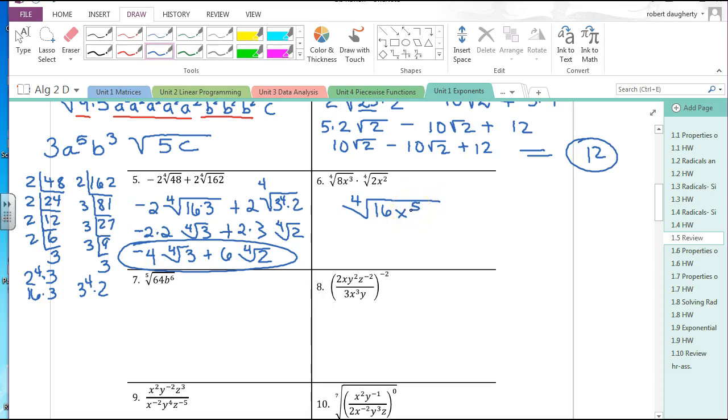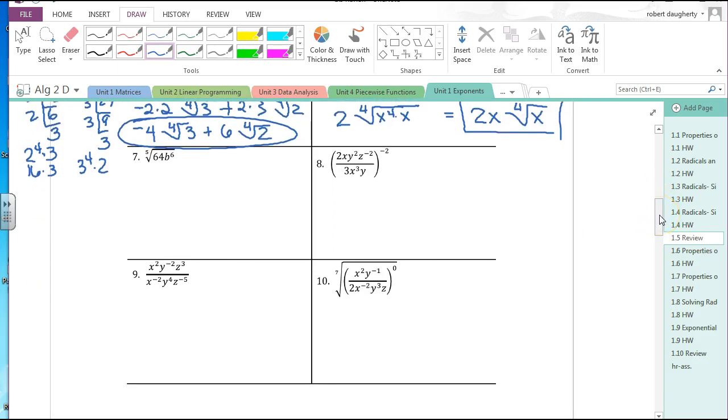So the fourth root of 16 is 2. So this is 2 times the fourth root of x to the 5th, which I'll write as x to the 4th times x. So this is going to be 2x times the fourth root of x, because the fourth root of x to the 4th is x.